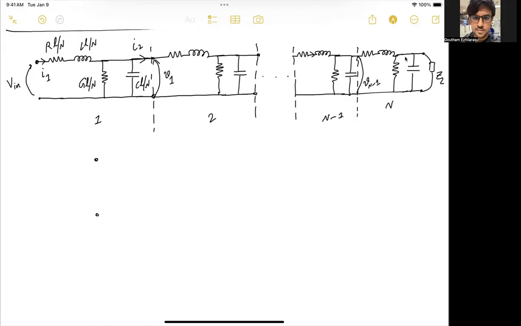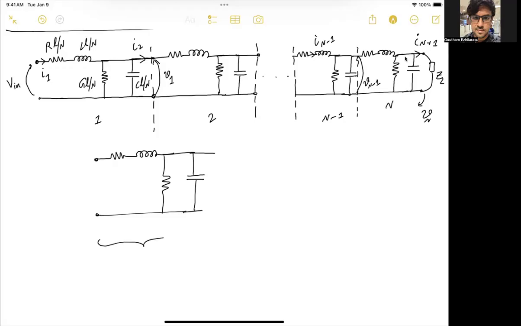And the current through this is going to be In minus 1. And so the final current that is flowing through the load is going to be In plus 1. And the voltage across the load is going to be Vn. So if you consider the kth element of this lumped discrete transmission line model, so this is the kth element.